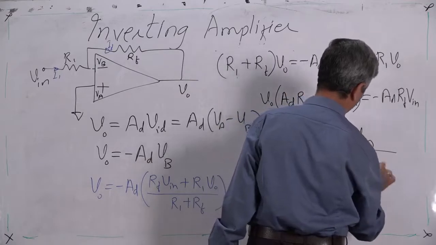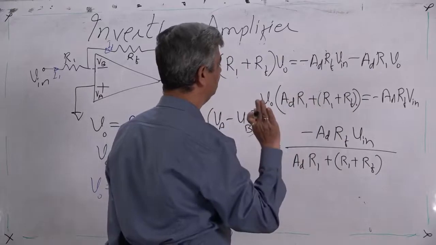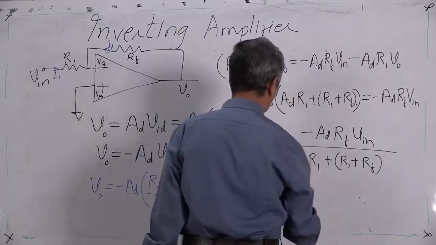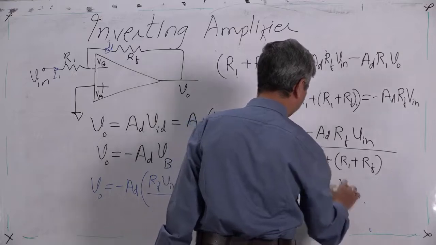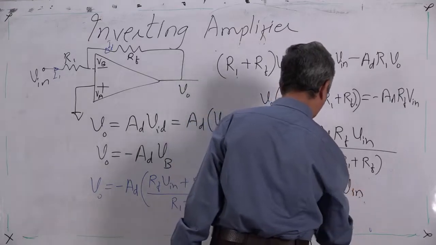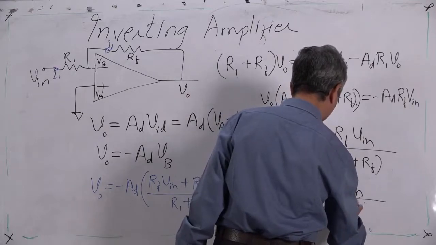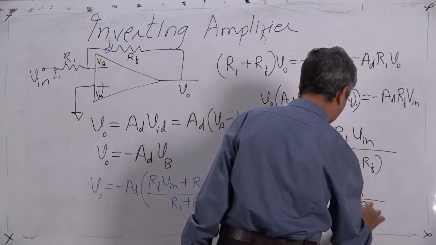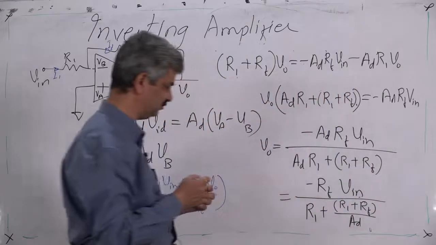Now divide numerator and denominator by AD. So I get in the numerator minus RF Vin upon R1 plus this bracket R1 plus RF upon AD, and here my purpose is over.